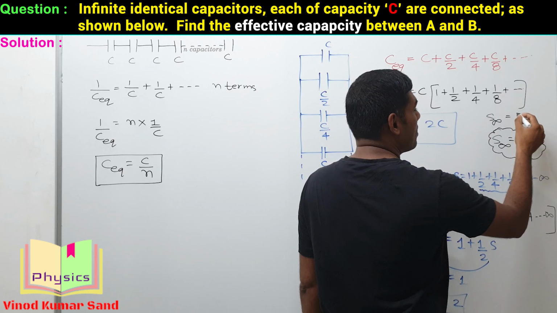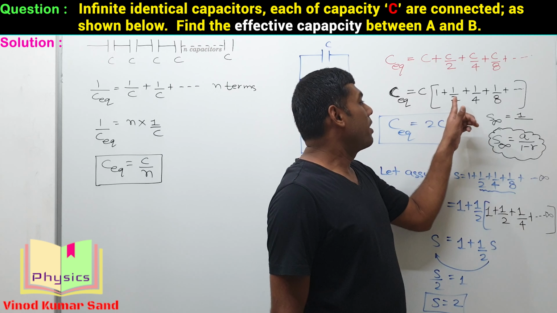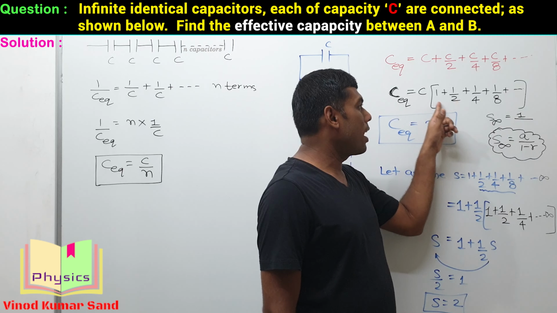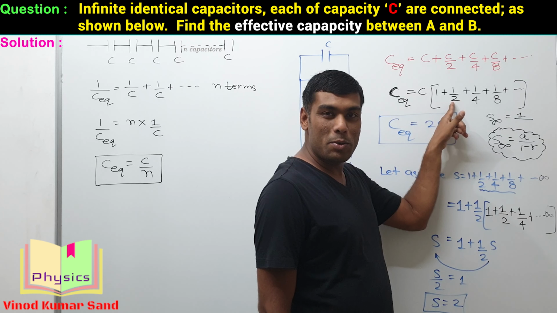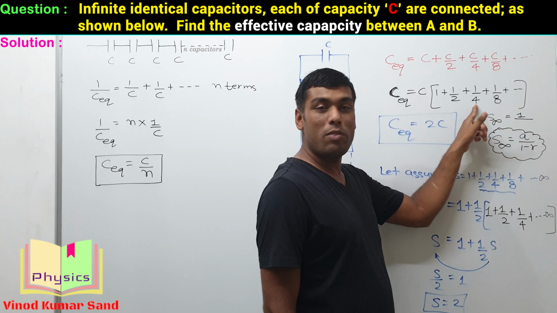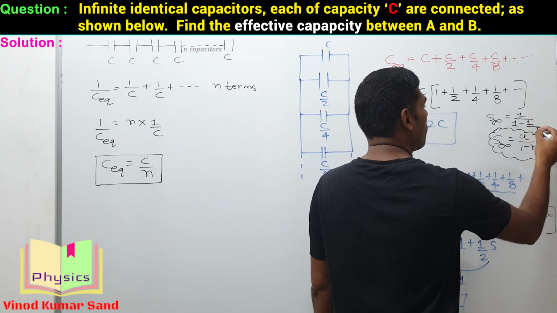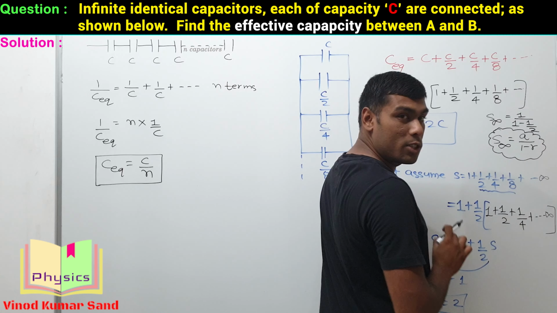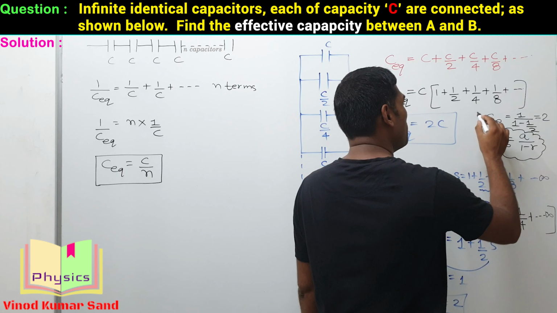So the first term is 1. What is the R? The common ratio. The common ratio is half, because half by 1 is half. 1 by 4 by 1 by 2 is again half. 1 by 8 by 1 by 4 is half. So this is basically half. Got the common ratio? When we simplify this, it comes out to be again 2.